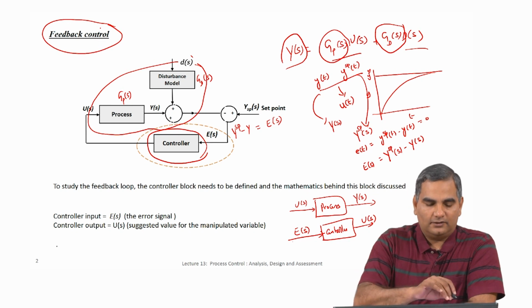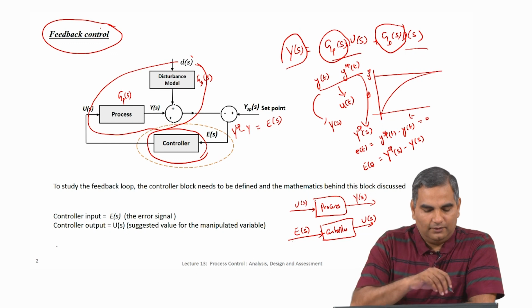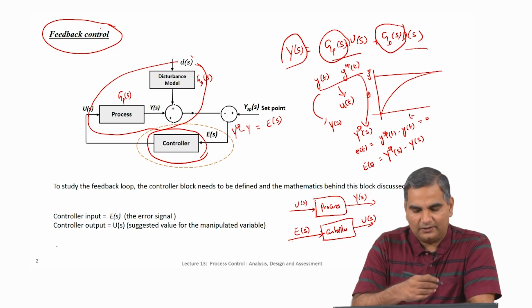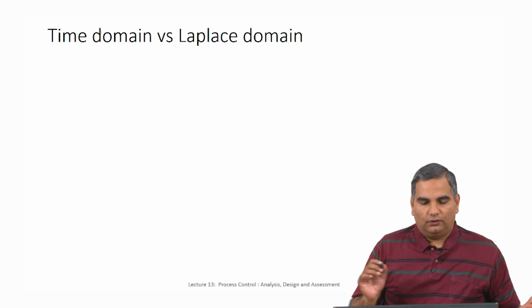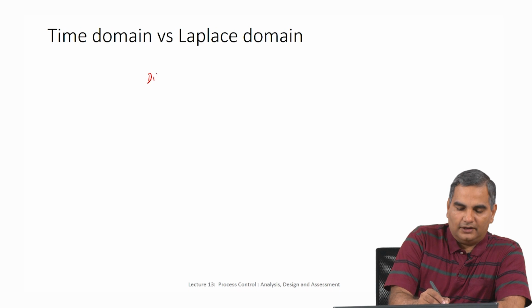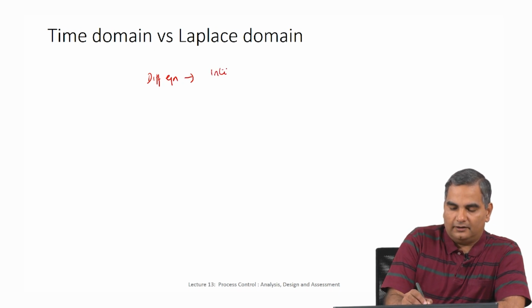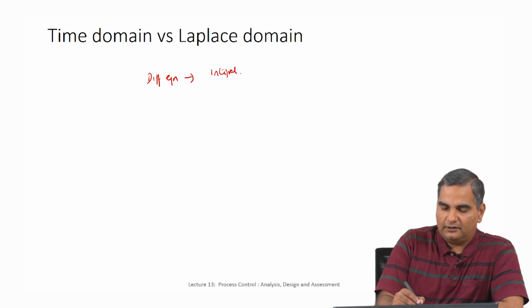And notice how we have put all of this in the Laplace domain. The biggest advantage of this block diagram is that everything is algebraic, and you will see how we do this. In time domain, I have a differential equation whose solution is an integral, a convolution integral.